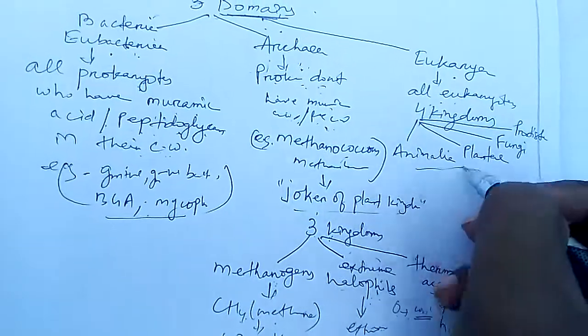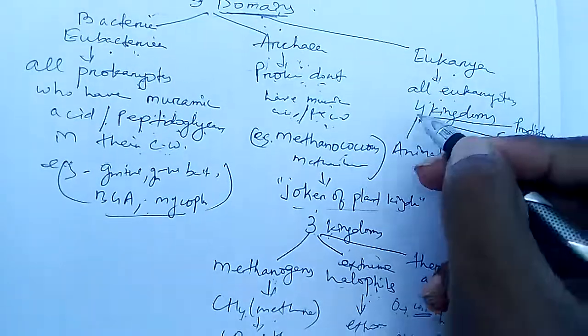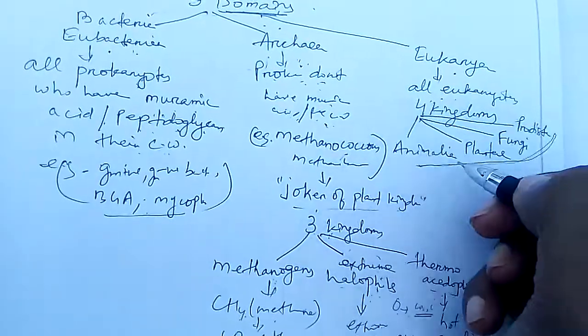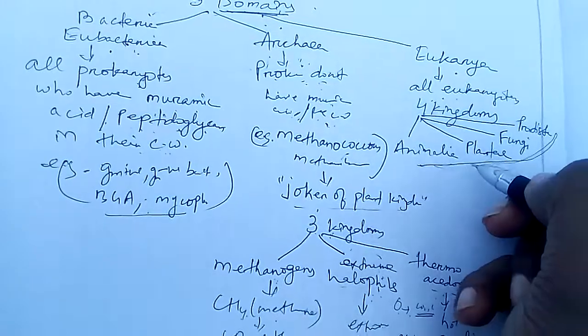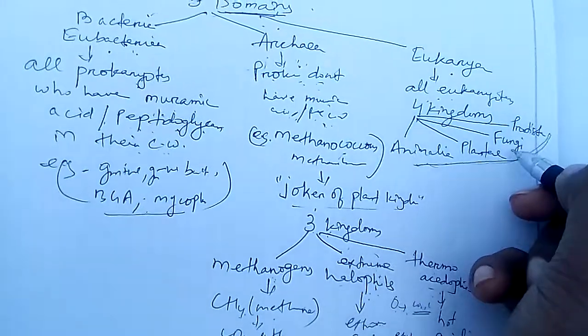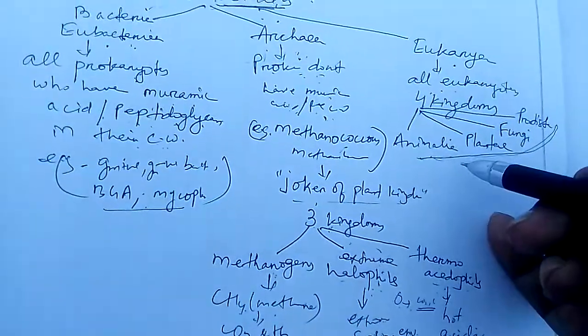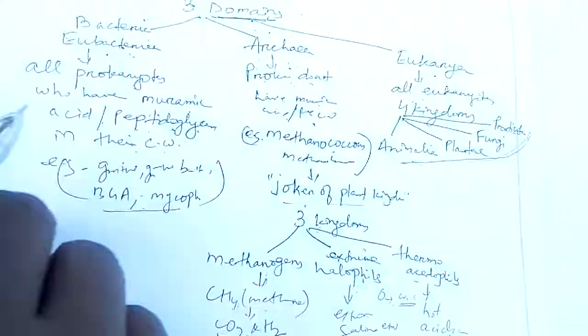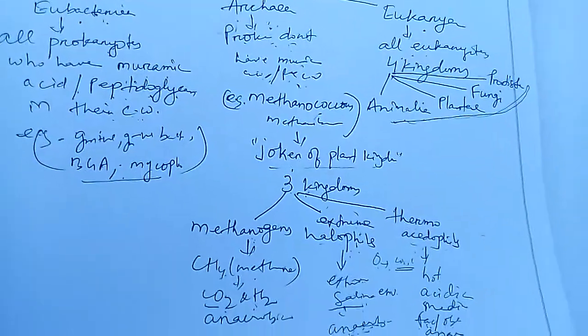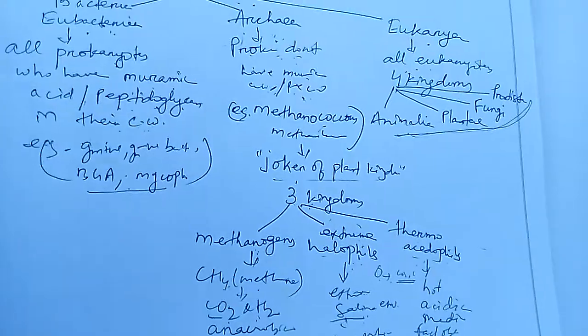Their characters we already discussed previously, and they are the same as the characters here. So Animalia, Plantae, Fungi, Protista are the 4 kingdoms in the eukarya domain.